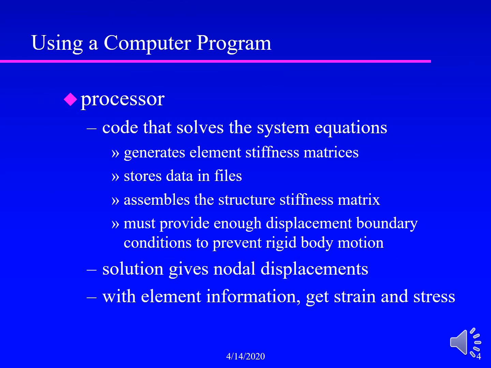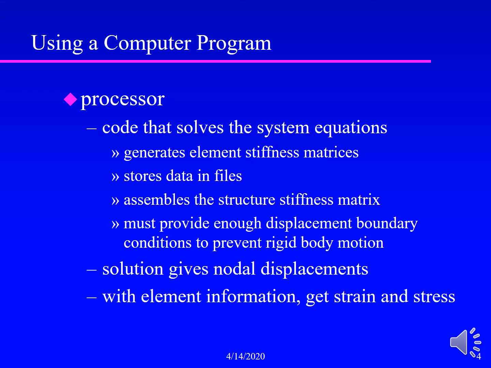Then comes the processor stage, where the codes which solve the system equations generate the element stiffness matrices. Then these element stiffness matrices are stored in files, and they are used to form a global stiffness matrix or structure stiffness matrix, which is assembled.